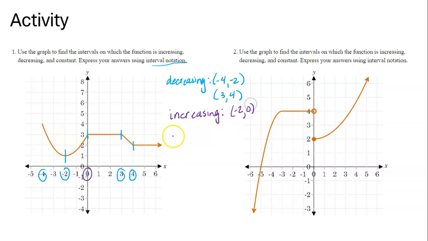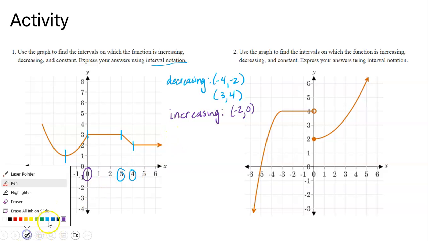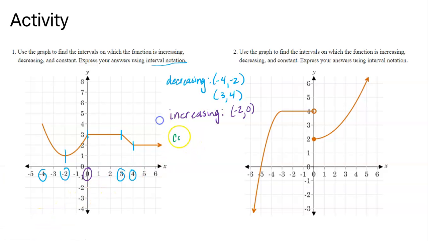That's all I have for increasing. And then for constant, I've got 2 constant. I have from 0 to 3 and from 4 to infinity, because this goes on forever.